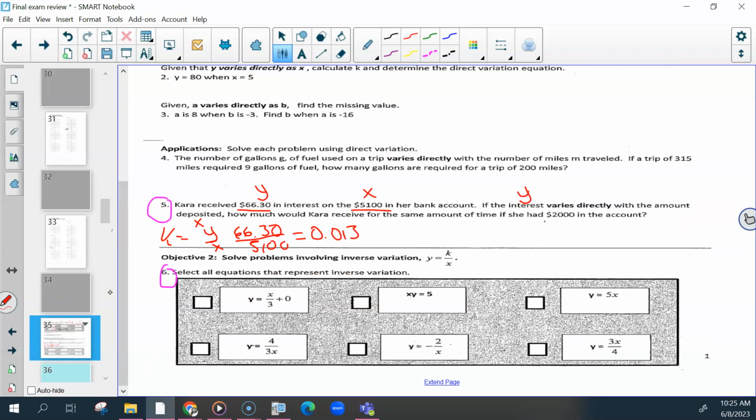So we now have k. Now I can look at the rest of the question.